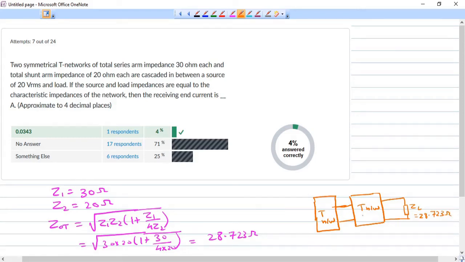At the source end we have a source impedance, say ZG, and a voltage source VG. The value of VG is equal to 20 VRMS and ZG is equal to 28.723 ohm. We have a source current IS flowing here and a load current IR flowing here at the load end.